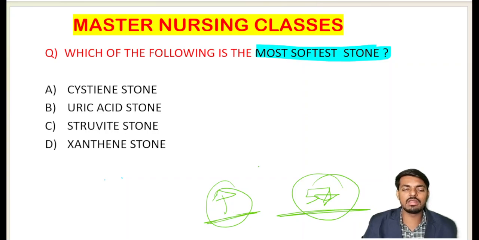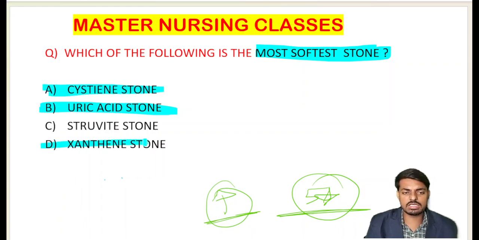Keep in your mind that the softest kidney stone is our very, very important uric acid stone. And the hardest kidney stone is the cystine stone. And the xanthine stone occurs in a person who is taking antiretroviral therapy for the treatment of HIV and AIDS, where the antiretroviral therapy increases the blood xanthine level, which increases the xanthine stone risk.